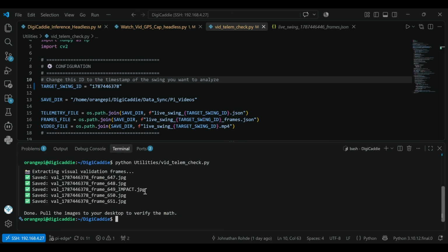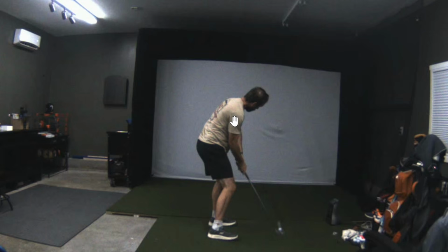And for this image, when it goes back and pulls it, 649 is supposed to be the impact. When I visually look at the image that it said was impact, what I wanted to see was this club head being in contact with this golf ball. And it seems like it actually identified the exact impact time for both the watch and the video.